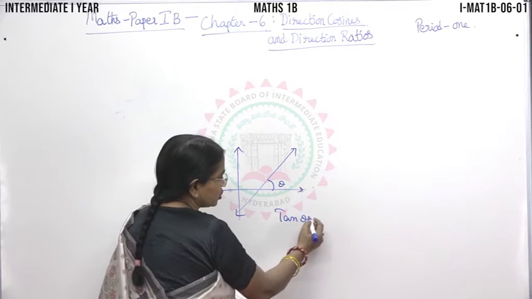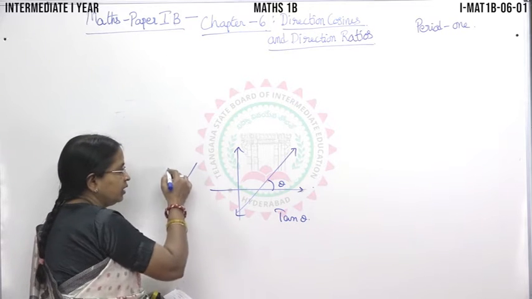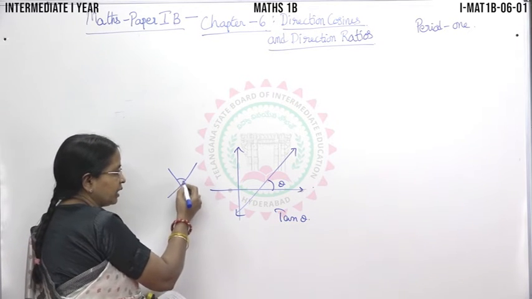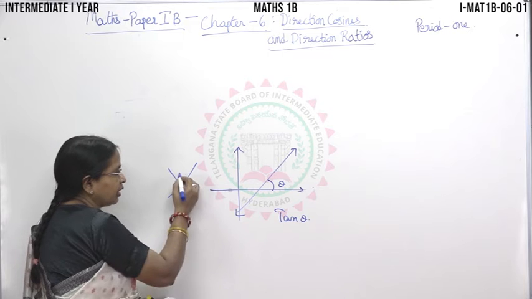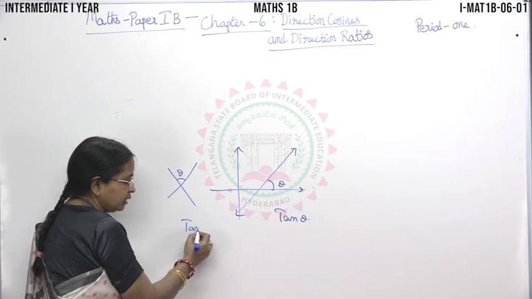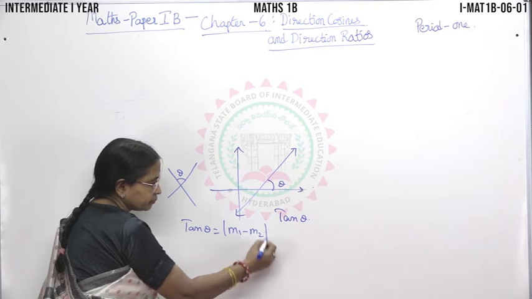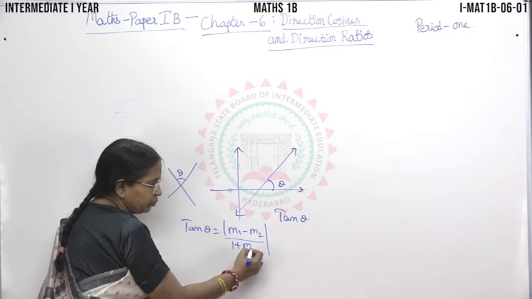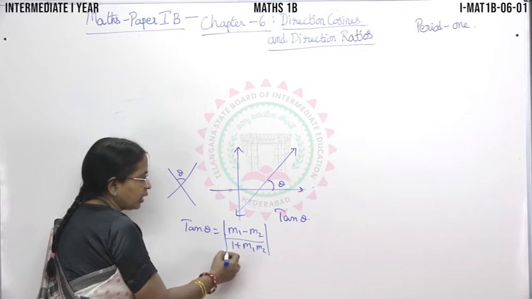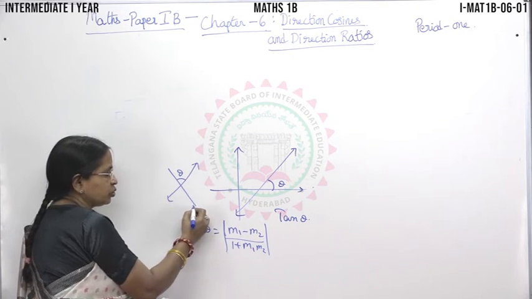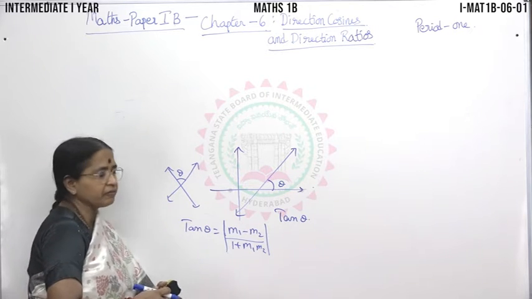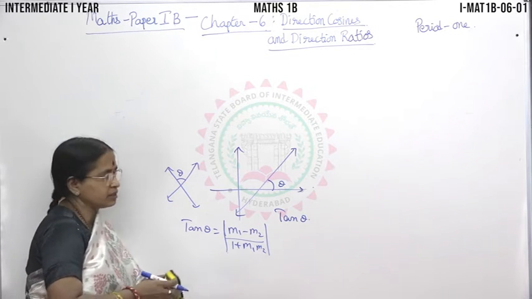So using the slope, we will find the angle between two lines, and we have the formula: tan theta is equal to mod of (m1 minus m2) by (1 plus m1 m2), where m1 and m2 are the slopes of these two lines. Like this, we can find the angle between two lines.